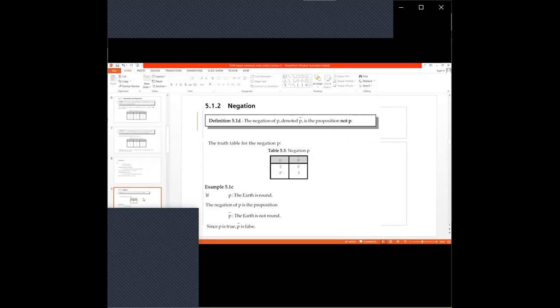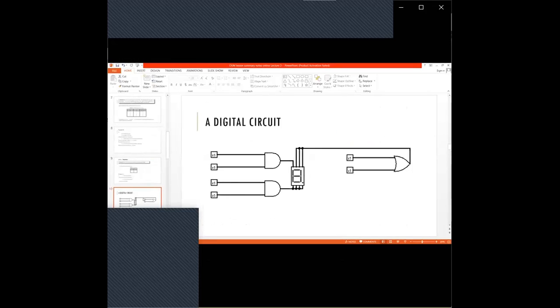I have a little combination here. This is a loop, where you have the representation of a digital circuit, with logical propositions represented using gates. So this is the conjunction, or what we call the AND gate.